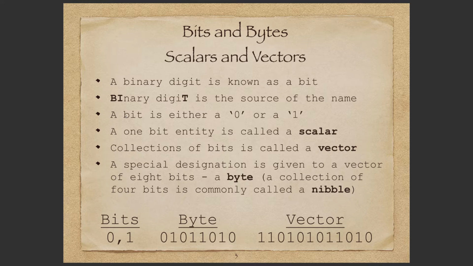If we have a collection of bits, let's say more than 1, 2, 5, 8, 12, we would call that a vector. And there's a special designation given to a vector of 8 bits, and that's called a byte. In the past, they referred to a collection of 4 bits as a nibble, but this is really not used too much anymore.